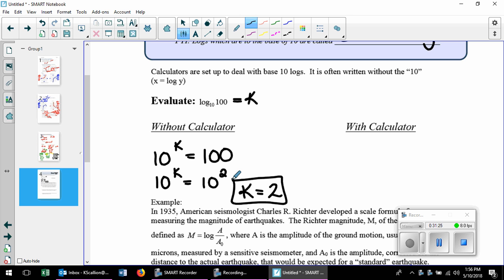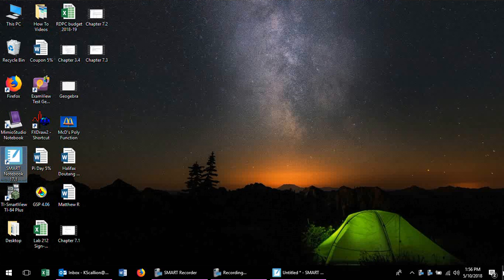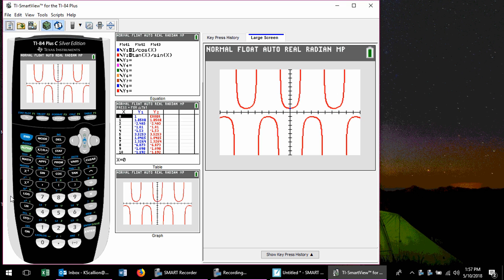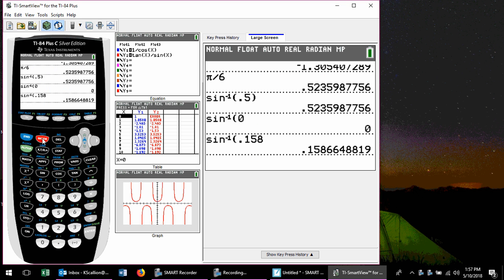Okay, so now get your calculator out. All right, so in your calculator, when your logarithm is a common log, when it has a base 10, this log button right under your x squared button, the one below it, that is a base 10 log.